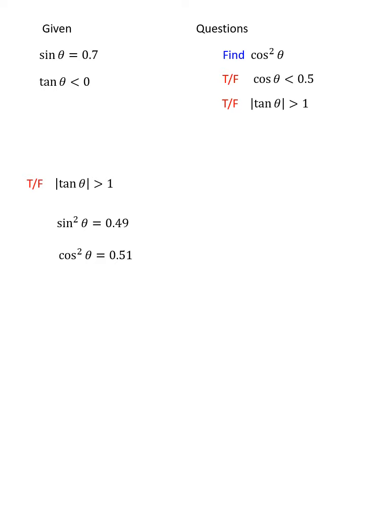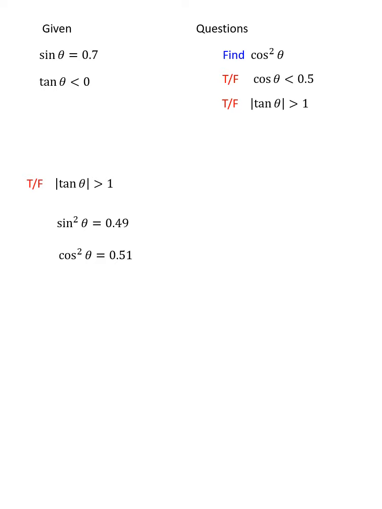Now, one thing I could do if I really wanted to with a calculator, though I'm not going to, is take the square root of both sides, find the values of sine and cosine, and then compute tangent using those. Ultimately, with a calculator, I could find the value of tangent theta, and then I would know if its absolute value, or magnitude, is bigger than 1. Fair enough. But it's actually possible to do this problem without a calculator.